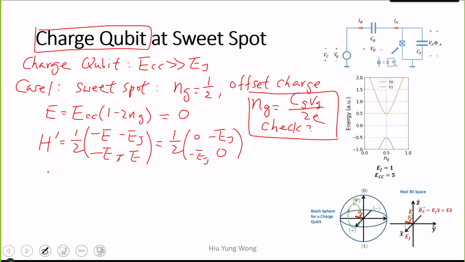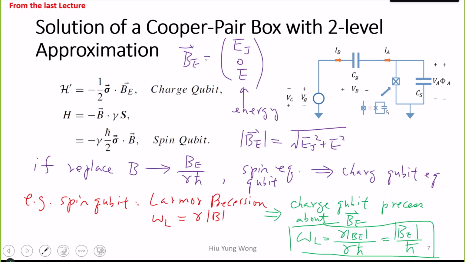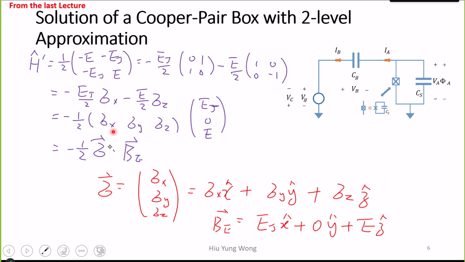And they are 0. And this, if you try to write it down, is just equal to negative half sigma x, sigma y, sigma z times EJ, 0, 0, E, which you already know because the expression is there, except now E becomes 0, right? We already learned this. This is equal to this times this.